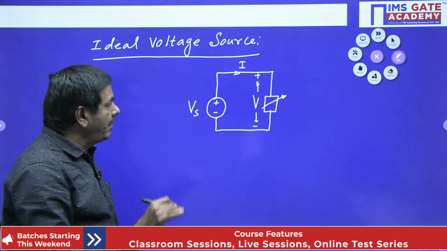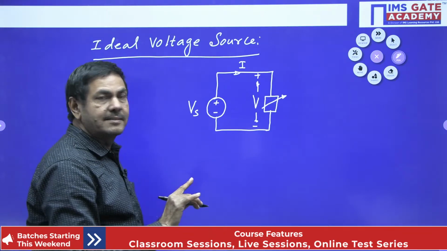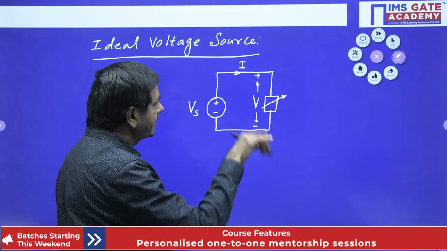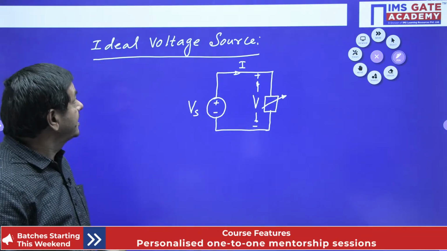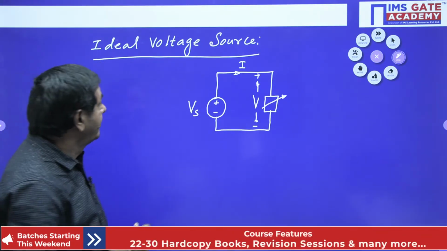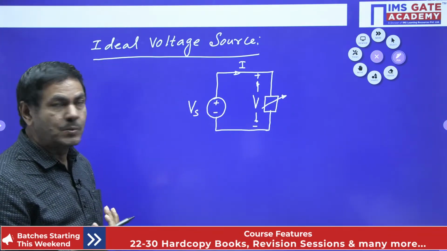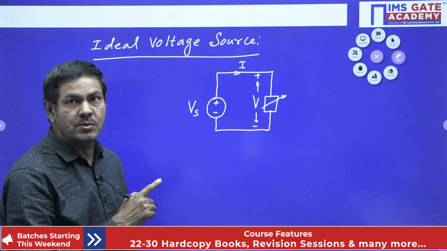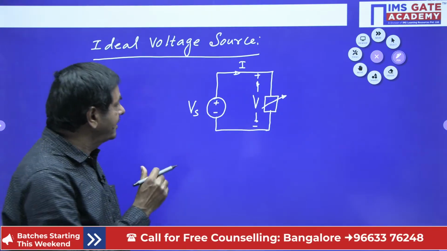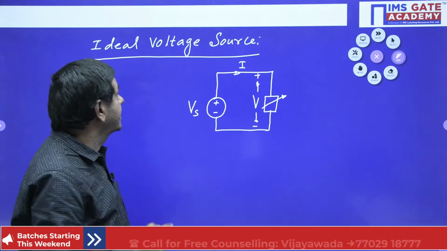Here I wish to draw the load voltage versus load current characteristic of how it comes for the ideal voltage source. We can say ideal voltage source when the internal resistance of the source is 0. This voltage source doesn't have any internal resistance. In that case, we are going to say this is an ideal voltage source.